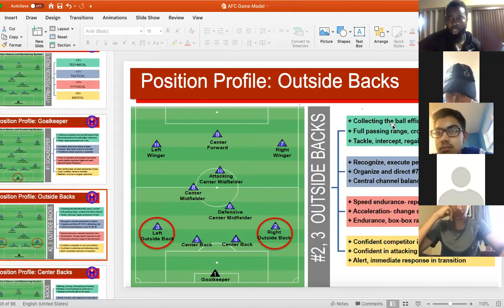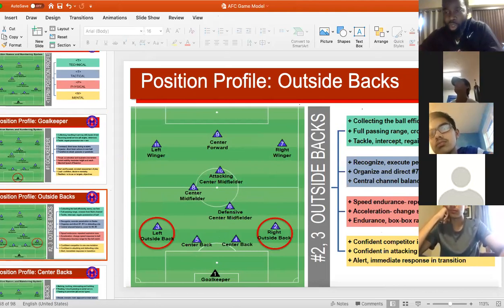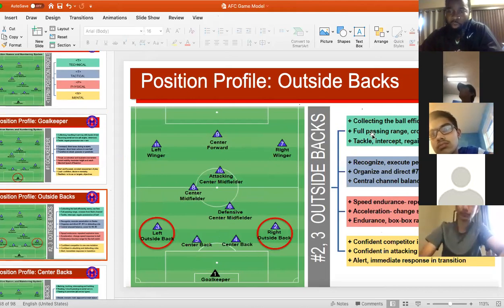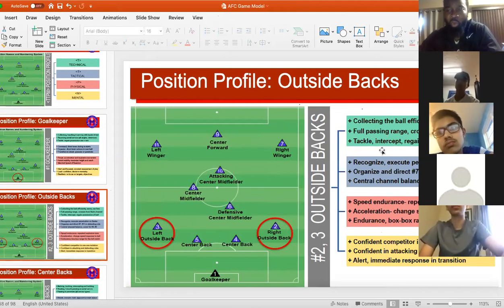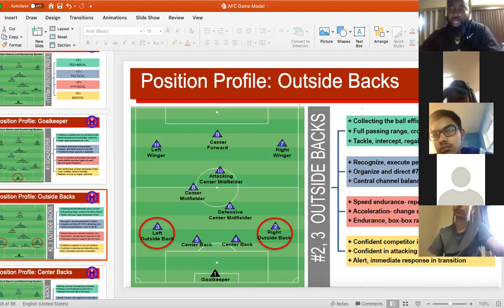You should be able to collect the ball effectively. So when you receive the ball from the goalkeeper, you should be good enough to receive it. You should be able to serve, run forward, and have a full passing range. You should be able to cross the ball from the flank, channel the ball, track, tackle, intercept, and regain possession of the ball.